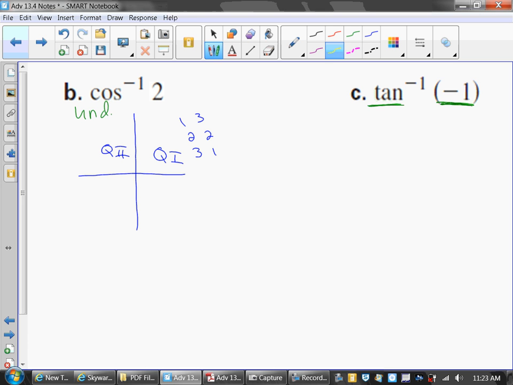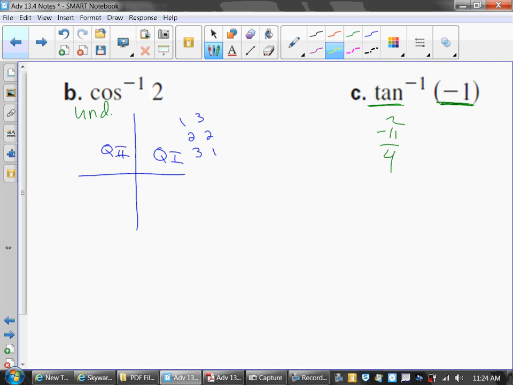And it's negative, which means it's down here. So the ordered pair for the fourth quadrant tangent equal to -1, well, it would be root 2 over 2 and the negative root 2 over 2 with an angle of, well, it'd be negative pi over 4.